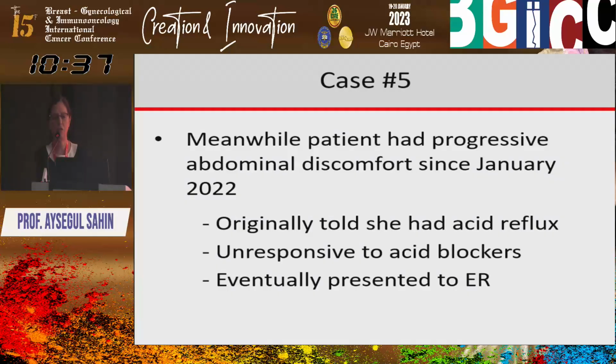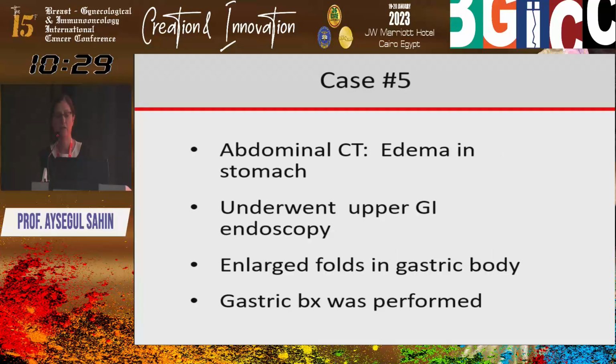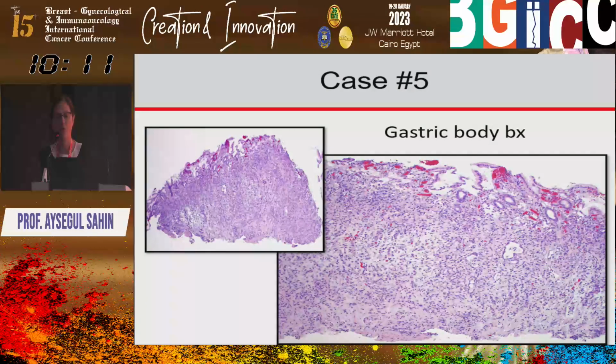Meanwhile, the patient had progressive abdominal discomfort, and she presented to our emergency room. She had an abdominal CT, which was really non-specific, but the GI colleagues recommended endoscopy. And in endoscopy, she was found to have these enlarged folds, and a gastric biopsy was performed.